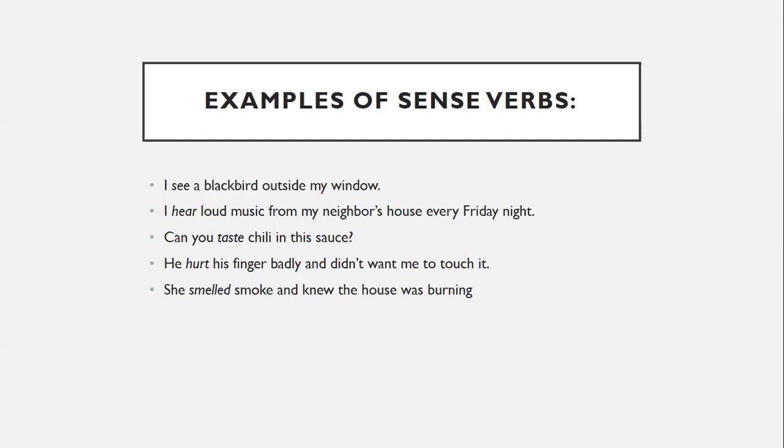Each of the sentences talks about a sense using one of the sensory verbs. In the first one, you have I see. In the second one, you have hear. In the third, taste. In the fourth, you have touch, which has to do with the sense of touch. And then on the last one, smell, right?